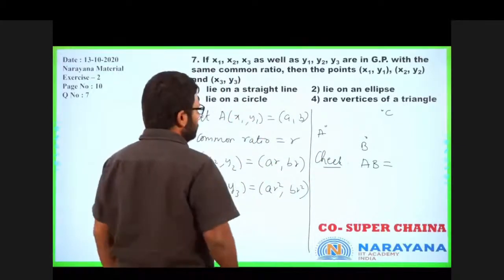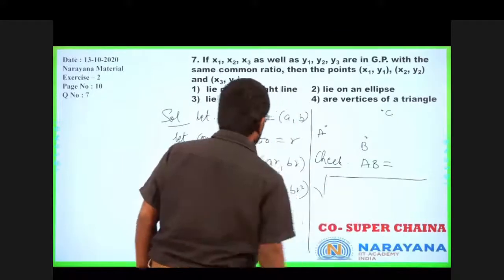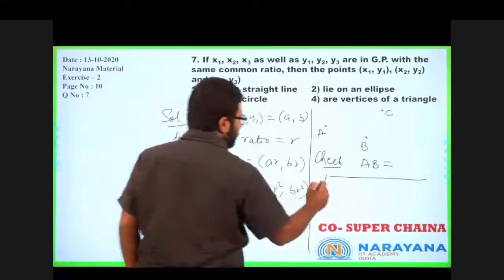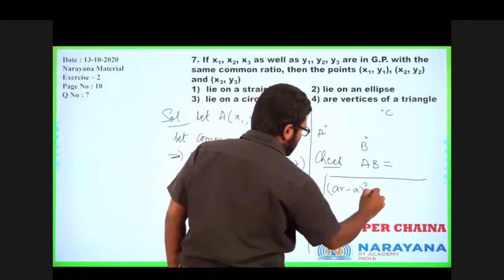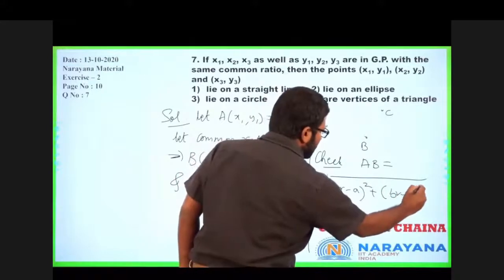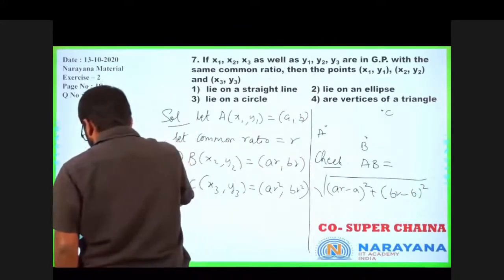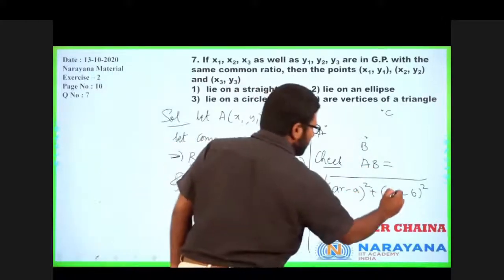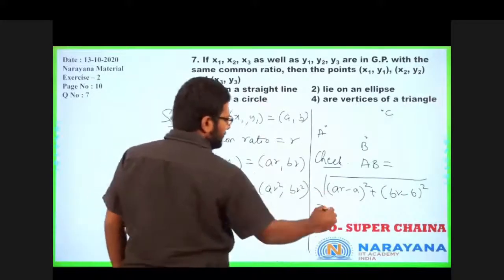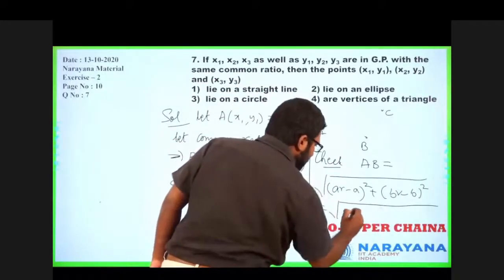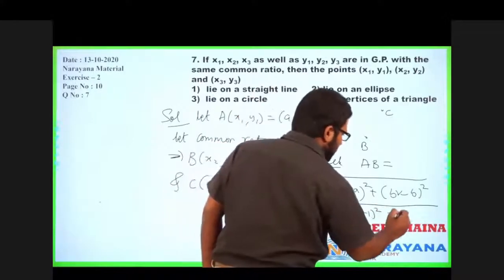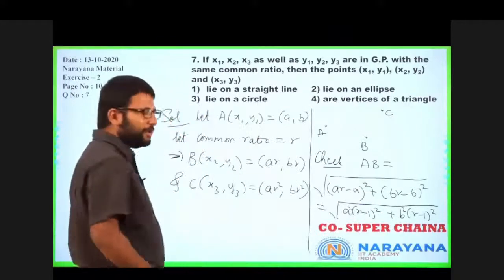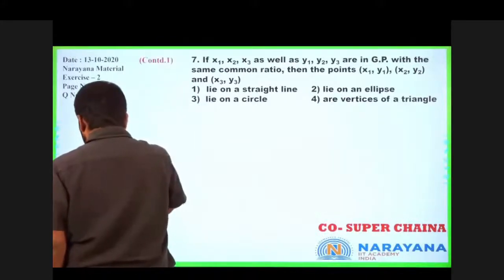So check AB is equal to under root AR minus A the whole square plus BR minus B the whole square, right? Just applying distance formula. So you see, this is under root A into R minus 1 the whole square plus B into R minus 1 the whole square. Actually A square into R minus 1 the whole square and B square into R minus 1 the whole square, right?